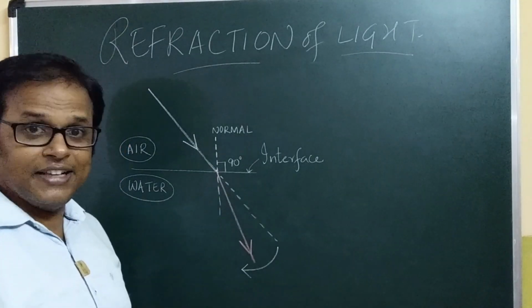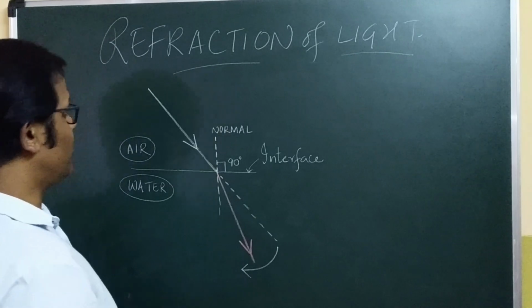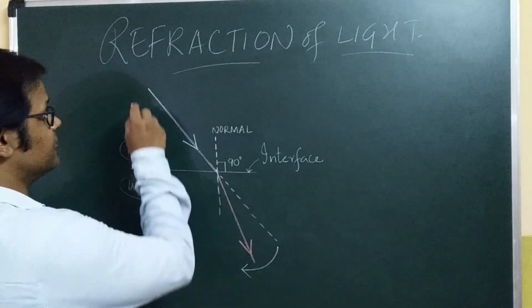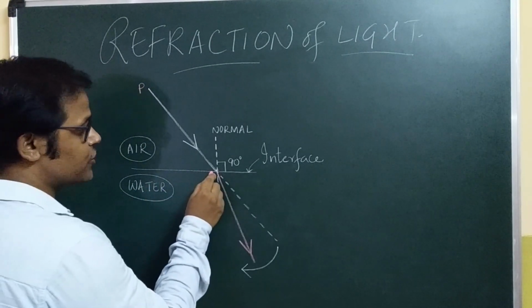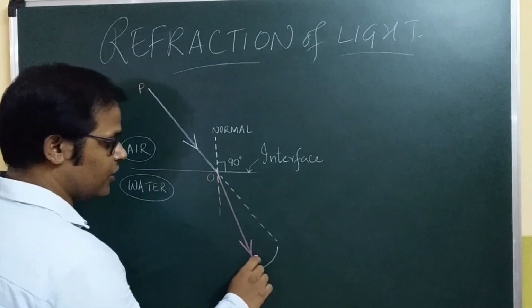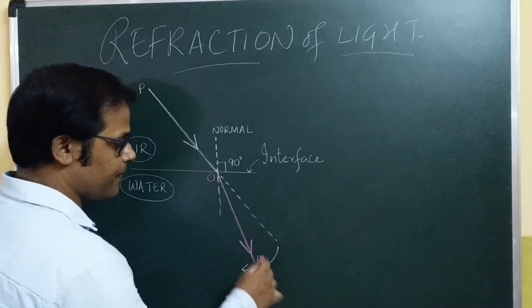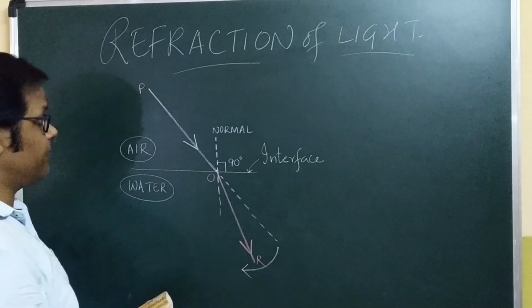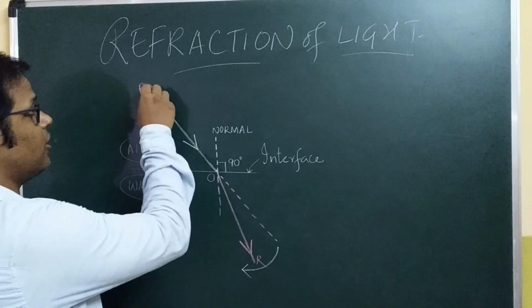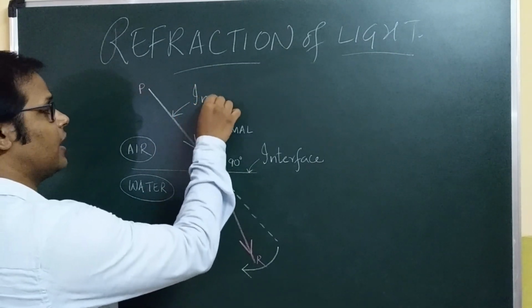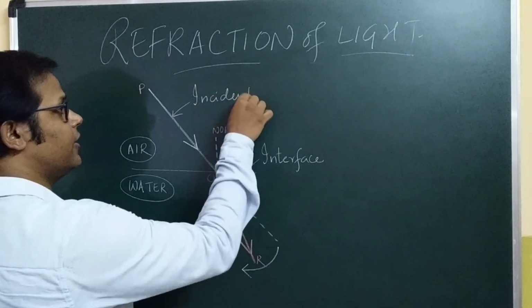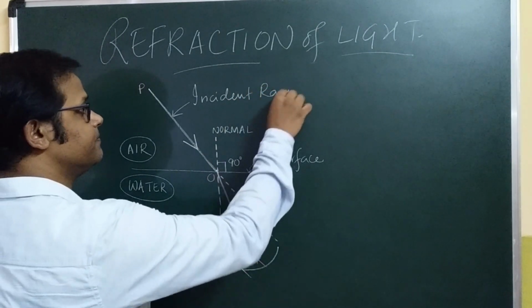Okay? Now, let me name the ray diagram. Let me call it P striking at O and going towards R. So definitely, it's very clear, the ray of light PO, I label it here, it is called the incident ray of light.